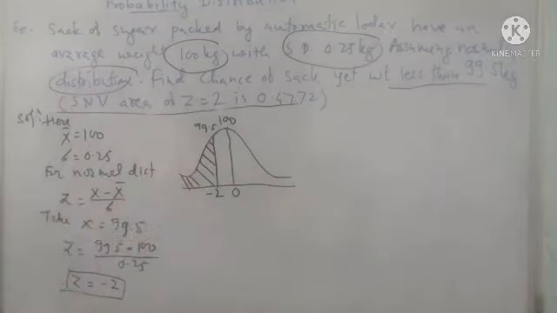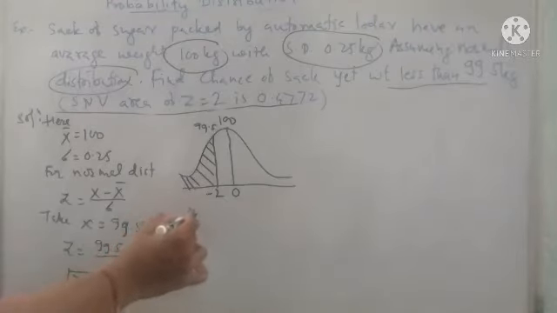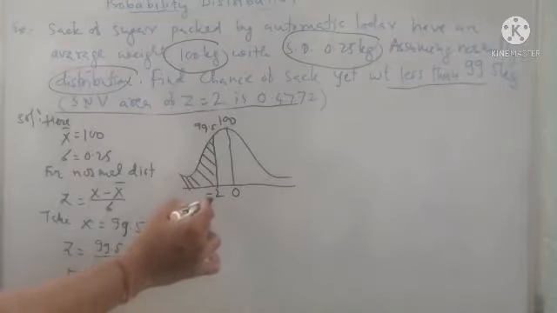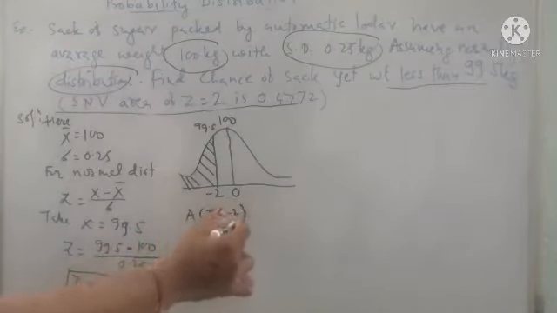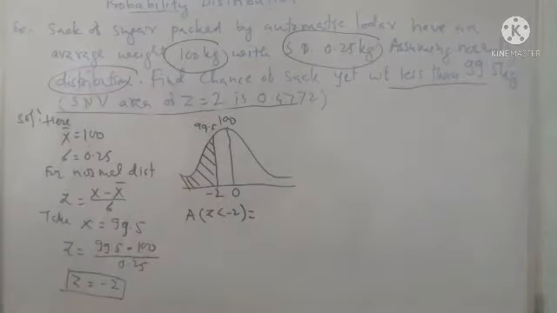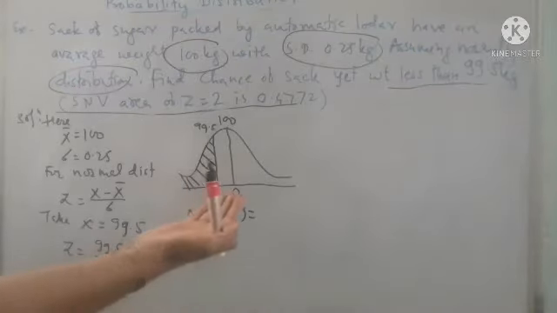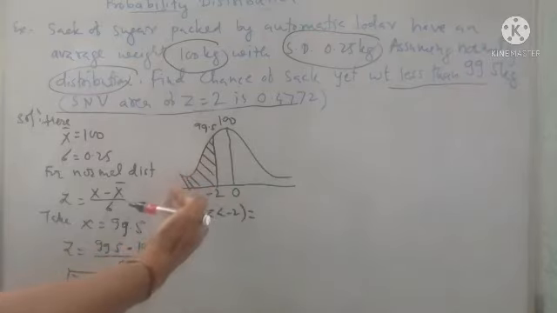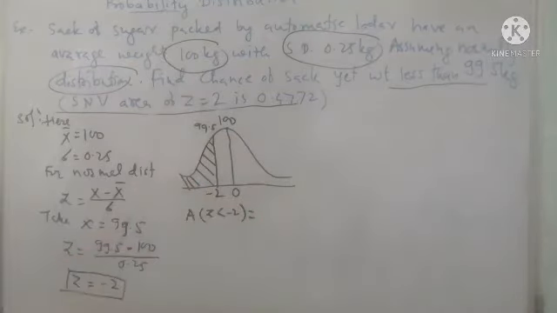To find this shaded area, that means the area for z less than minus 2. As we know, the total area bounded by this curve is always 1, and the half of the area, that means the area for z equal to 0 on the left-hand side is 0.5, and on the right-hand side is also 0.5.